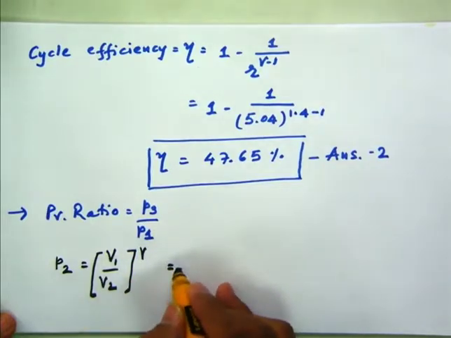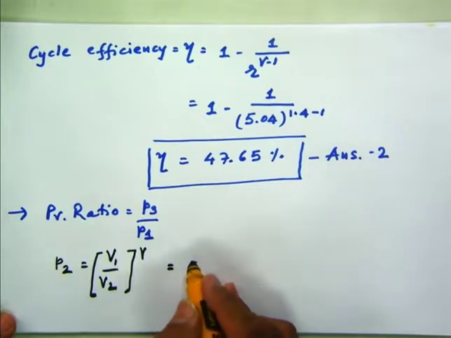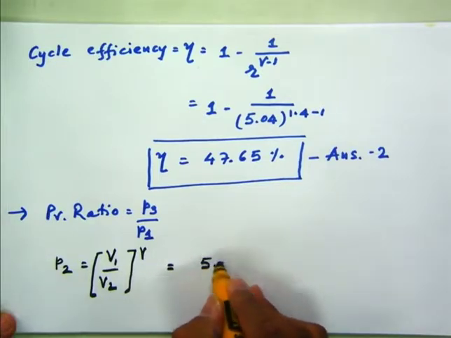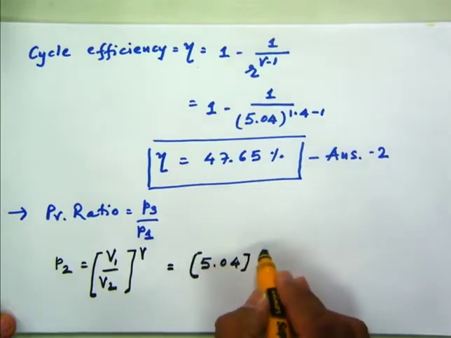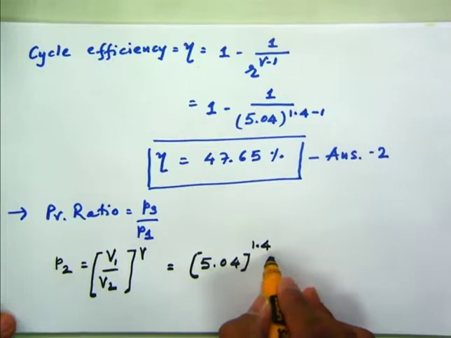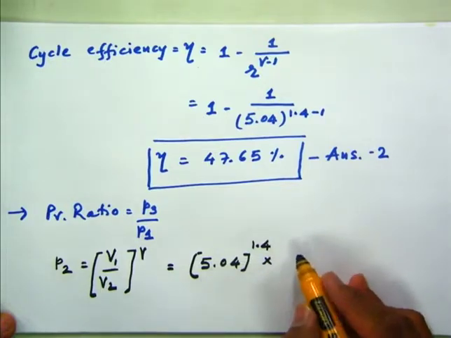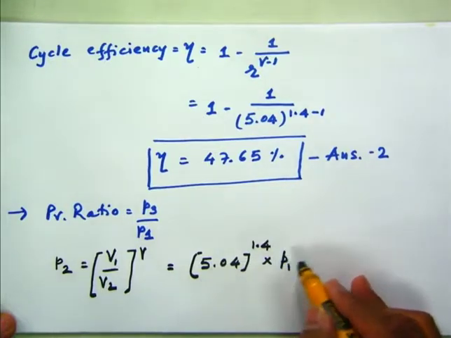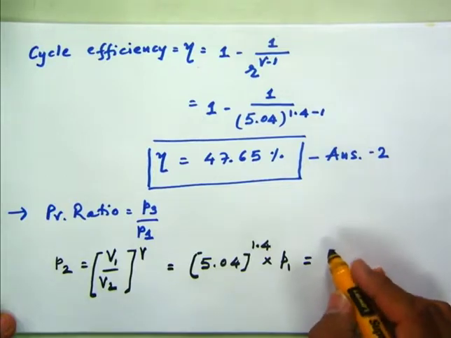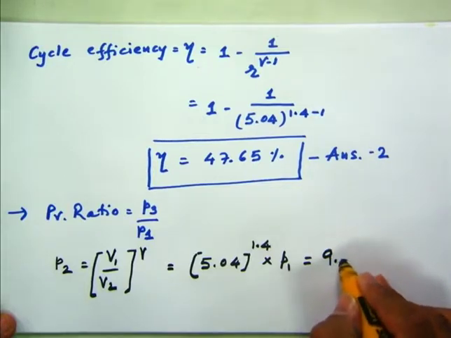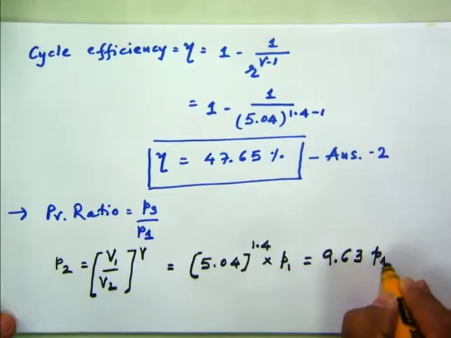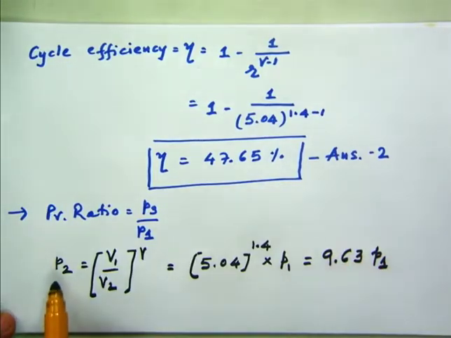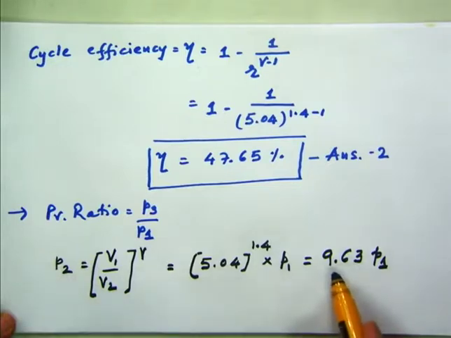So this is equal to 5.04 raised to 1.4 into P1, which is equal to 9.63 P1. You will get the relation P2 is equal to 9.63 P1.